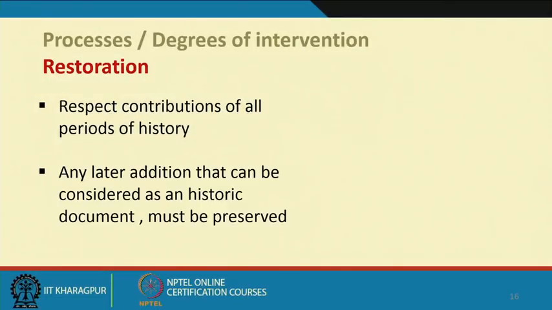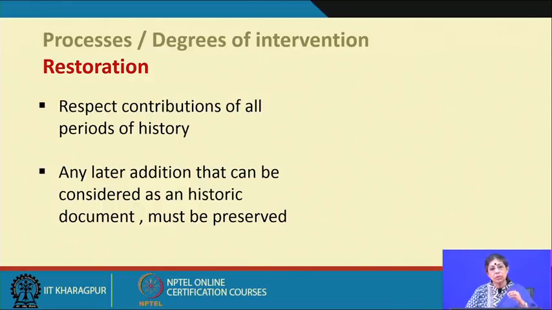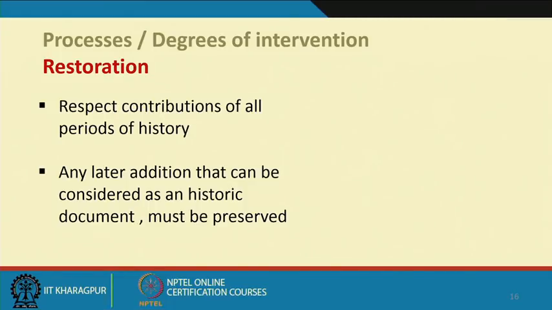Now, it also says that a later addition that can be considered as a historic document must be preserved. It can be a particular part of the wall, an additional structure, maybe a wall painting, or some sort of decorative element.